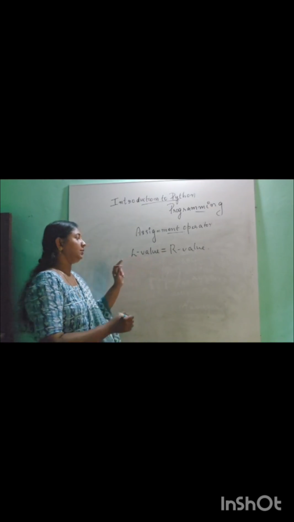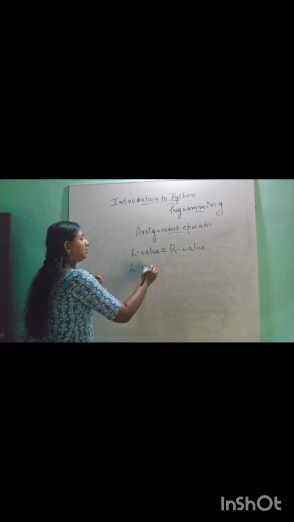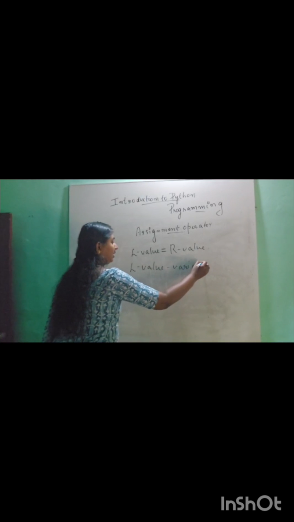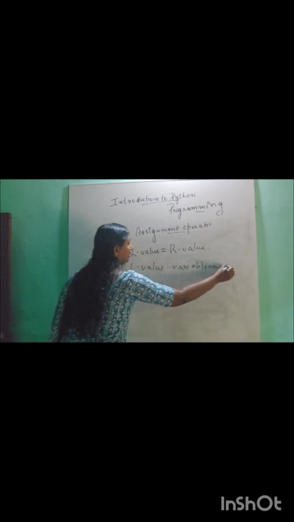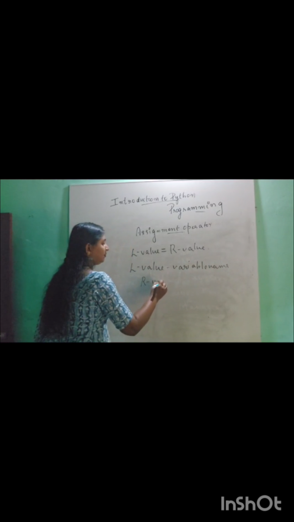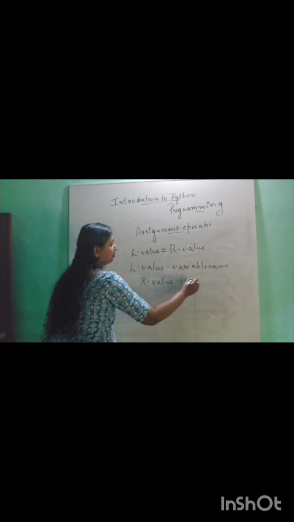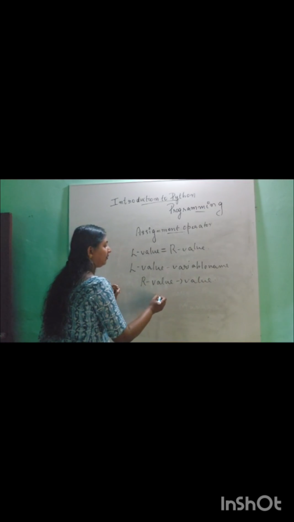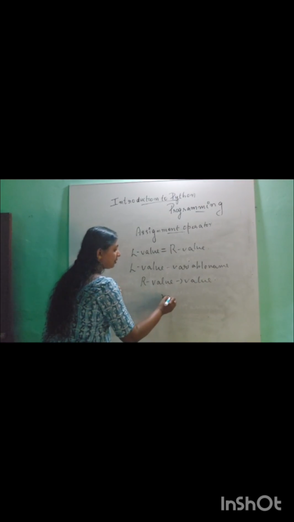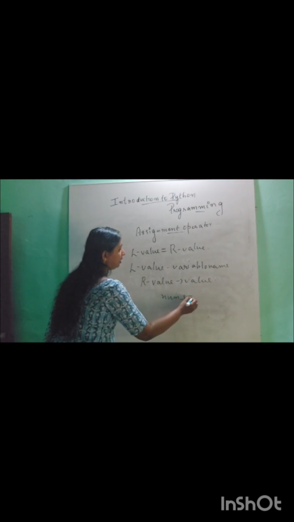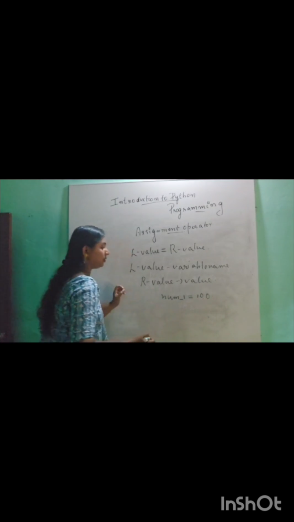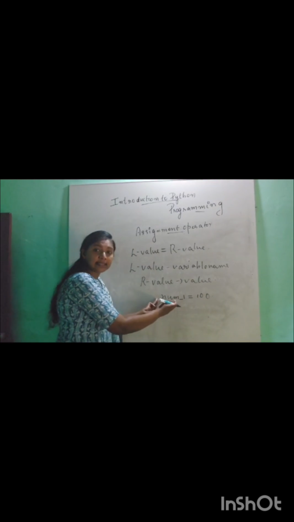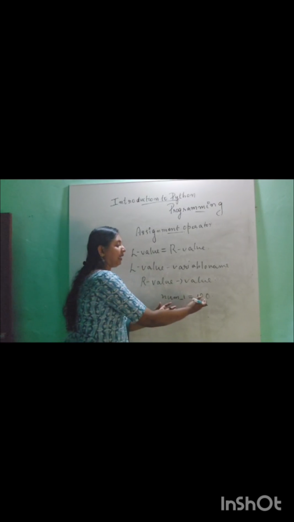Here L value means the variable name. L value is the variable name, and R value is the actual value of the variable. Suppose we are declaring a variable num_1 equal to 100. This variable num_1 acts as a container to store the value 100.